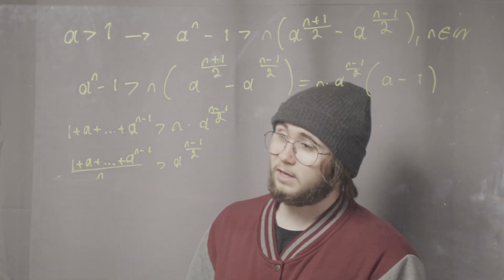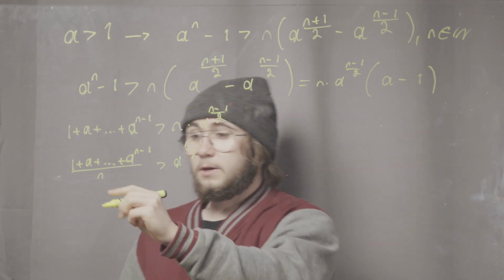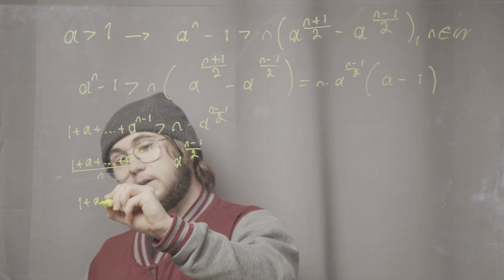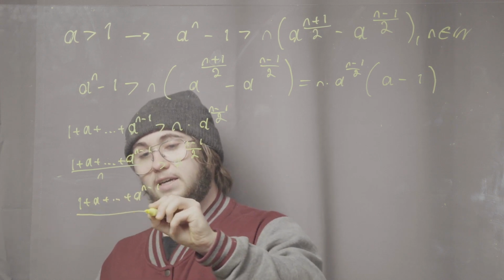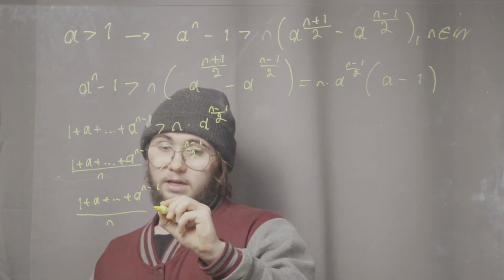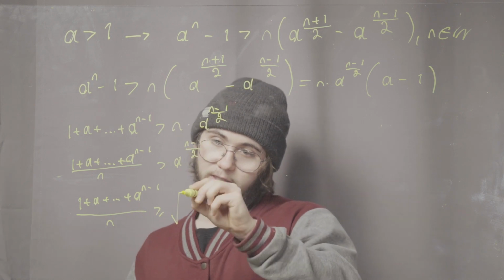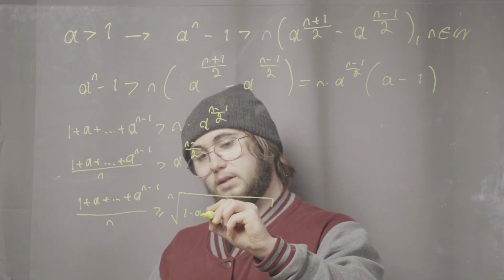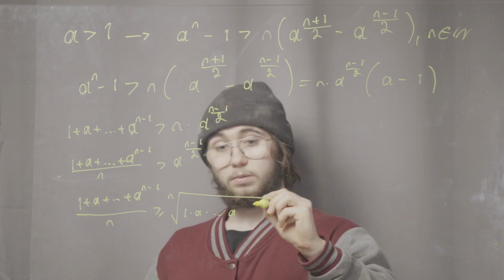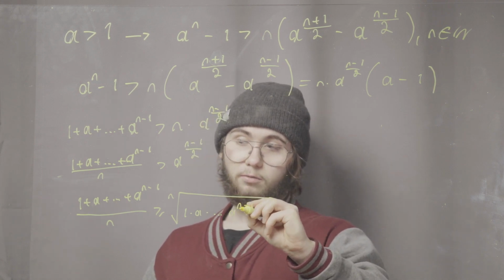But now, notice one thing. By the AM-GM inequality, this arithmetic mean of those powers of a up to the n minus 1 power is going to be greater or equal to the nth root of the product of 1 times a, and so on up to a to the n minus 1.